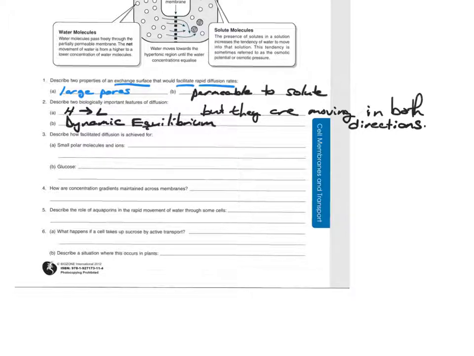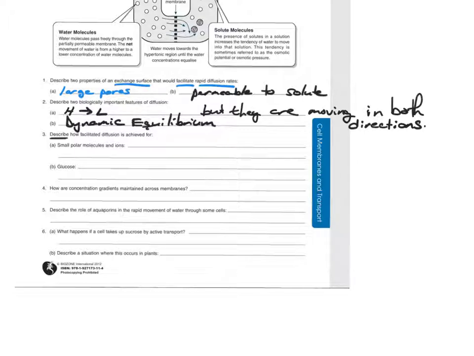So for small polar ions, it's probably going to be a channel. And for larger polar molecules, you're probably talking about a carrier of some kind. Correct? All right. It wants a description, so you need to describe in detail.